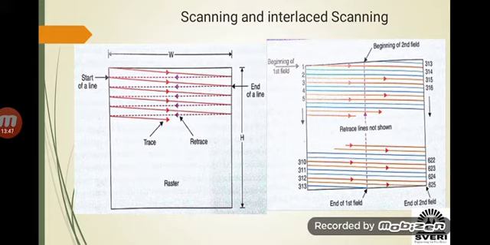What exactly we do is capture the images one by one. An image is made up of a number of lines, so we scan those lines, and then those images are flipped in front of the human eye for a very small duration of time.